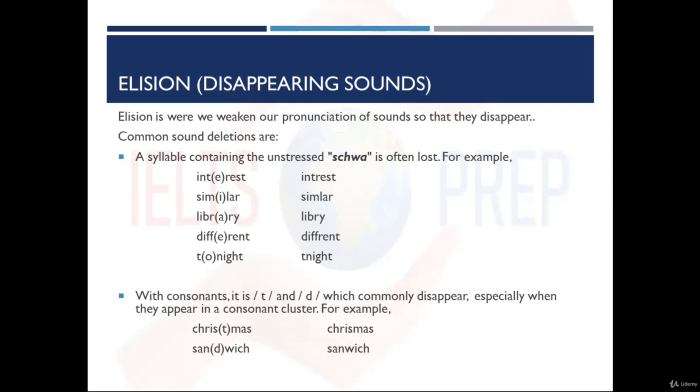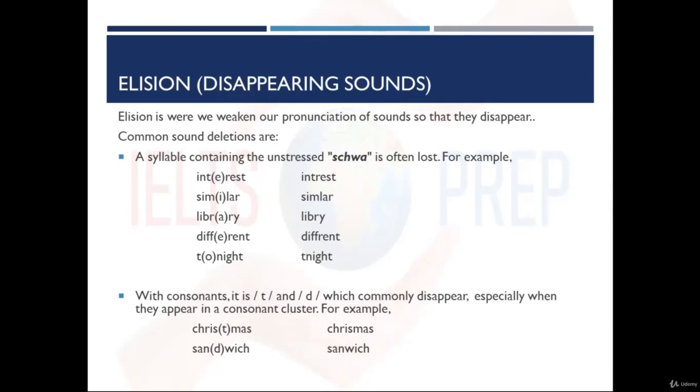Also, another common deletion of sounds is with consonants. So it's when the T and the D completely disappear, especially in a consonant cluster, which means that surrounding the T or the D are consonants, not vowels.